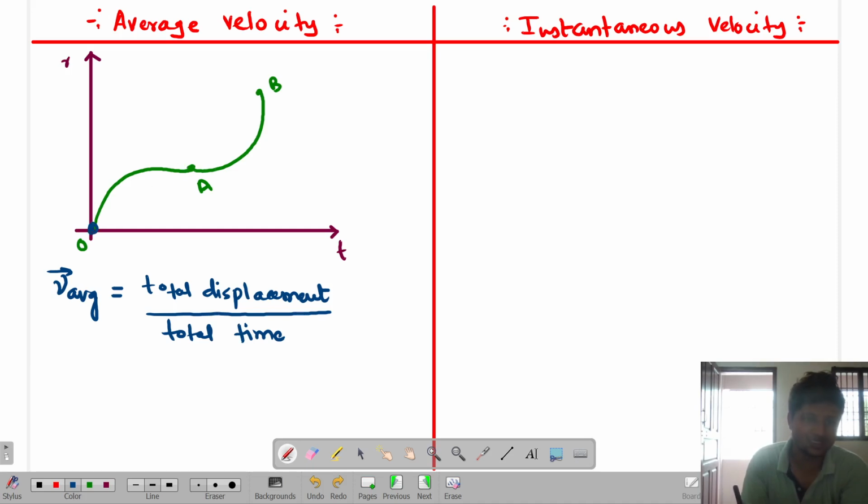The point is, this is my initial point and this is my final point.